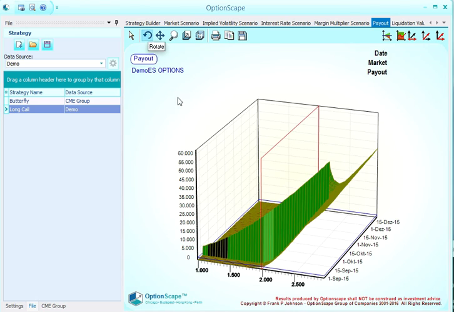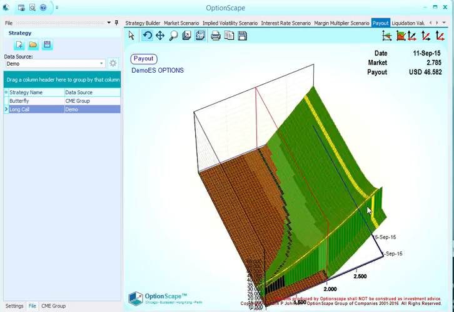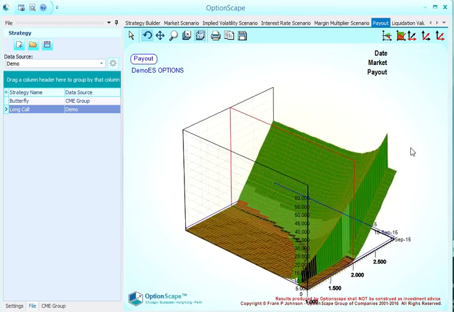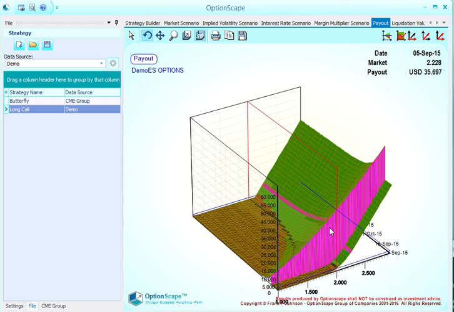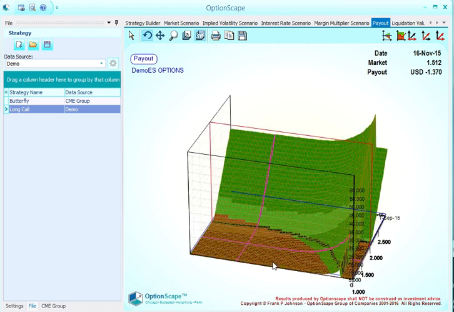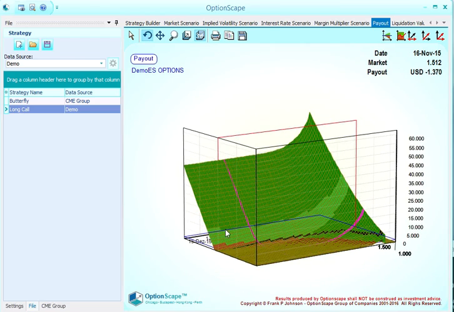I can rotate to have a better view on it, and then we can see here that we have a cross. I go here, and the value of the cross is given here on the upper side. It's the date, the market, and the payout. In other diagrams you have the delta or the vega or the other variables. We see that on the day of expiration the call has only intrinsic value or 0.